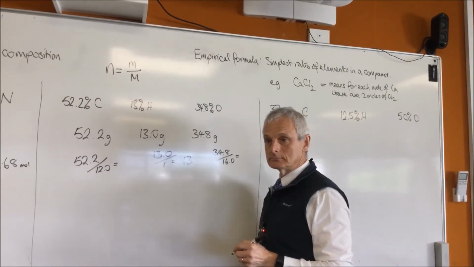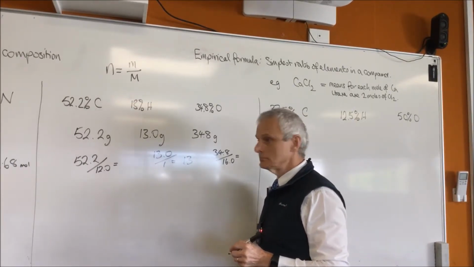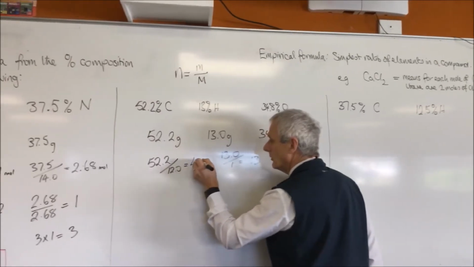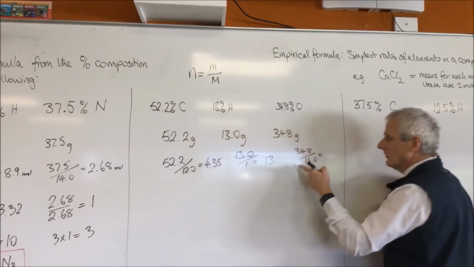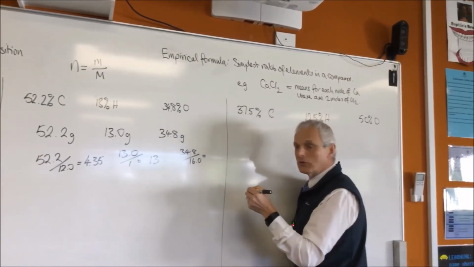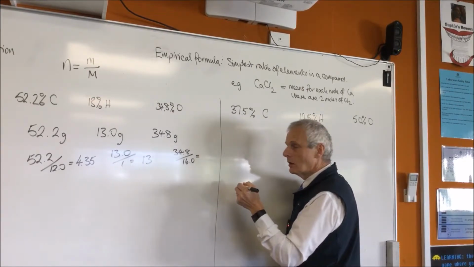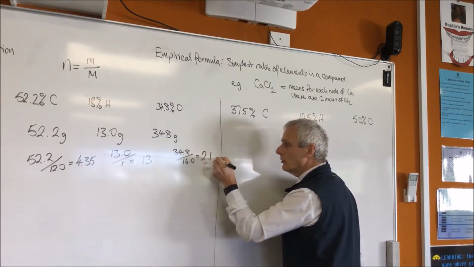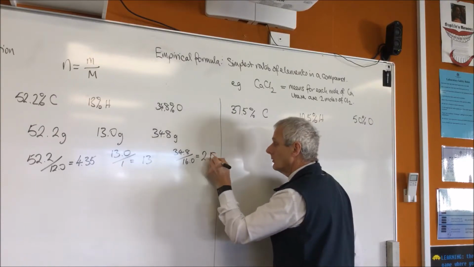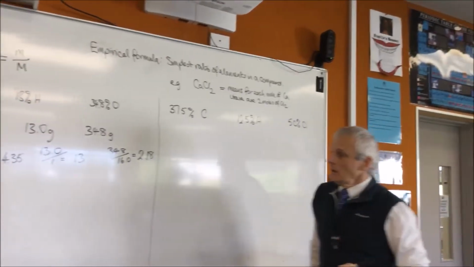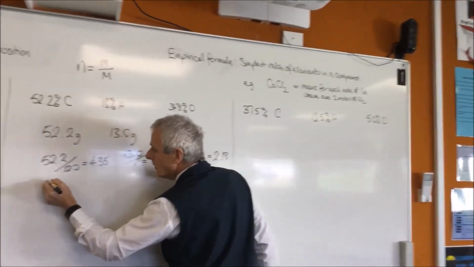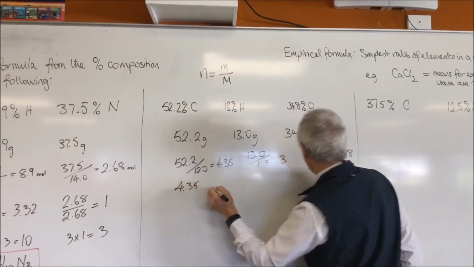Anyone? 4.35. 4.35, 13, this one, 34.8 divided by 16, 2.1? 2.18, yep. Okay, so divide by the smallest number.